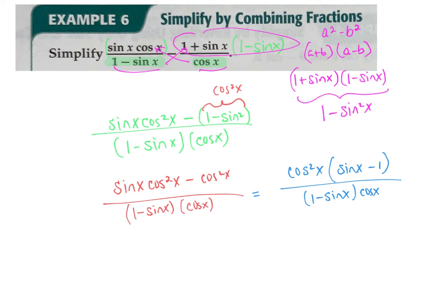Now, if you go way back in your memory to factoring polynomials over polynomials, when you have almost the exact same thing but in reverse order, you can take a negative out of one of them, and it will flip it and put it in the order you need. If I take a negative out of this, it ends up being a positive 1 and a negative sign.